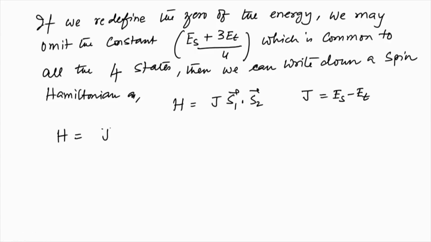It is J times S_i dot S_j, where i and j are between the neighboring sites, and this is a Heisenberg Hamiltonian if S has a full rotational symmetry, and it is just the Ising Hamiltonian if S is taken as plus minus half.